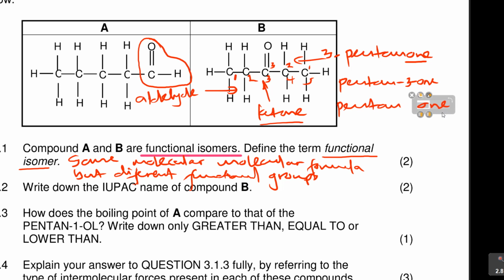But I pull it aside, and then indicate that on carbon 3, that's where you find the carbonyl group that determines the ketone. Then you put a hyphen, because the letter and the number are separated by that. This is the preferred one, but they will also mark you there.